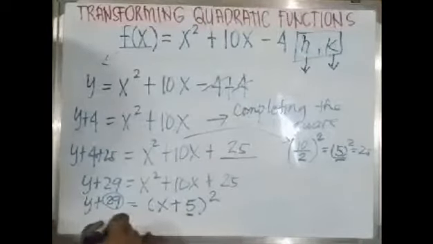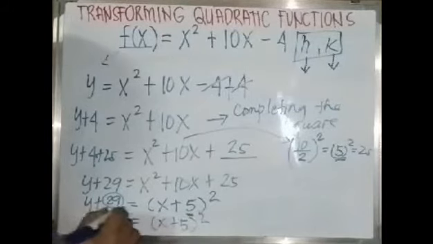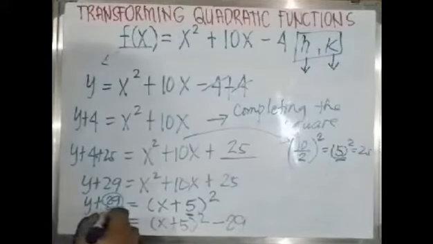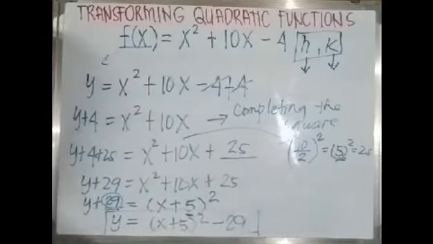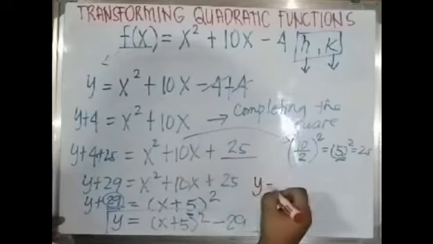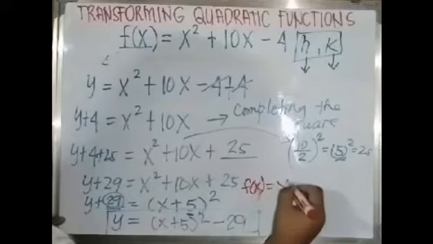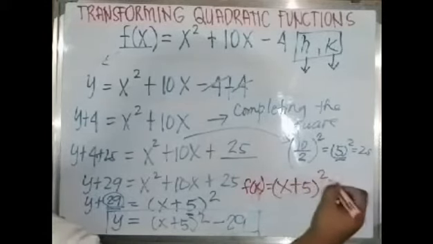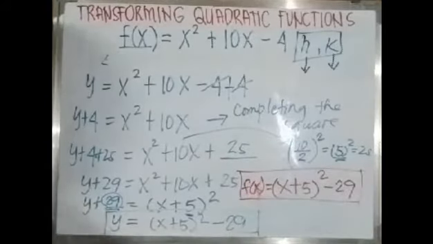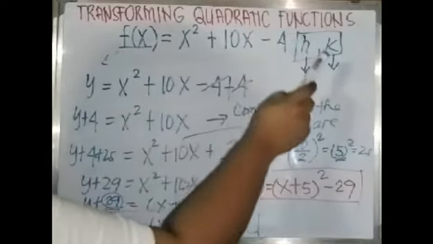So you have y is equal to (x plus 5) squared, and this will become minus 29. So this is now your vertex form. Let's rewrite it. y or f of x equals (x plus 5) squared minus 29. That's the vertex form of this function without using the formula of your h and k.